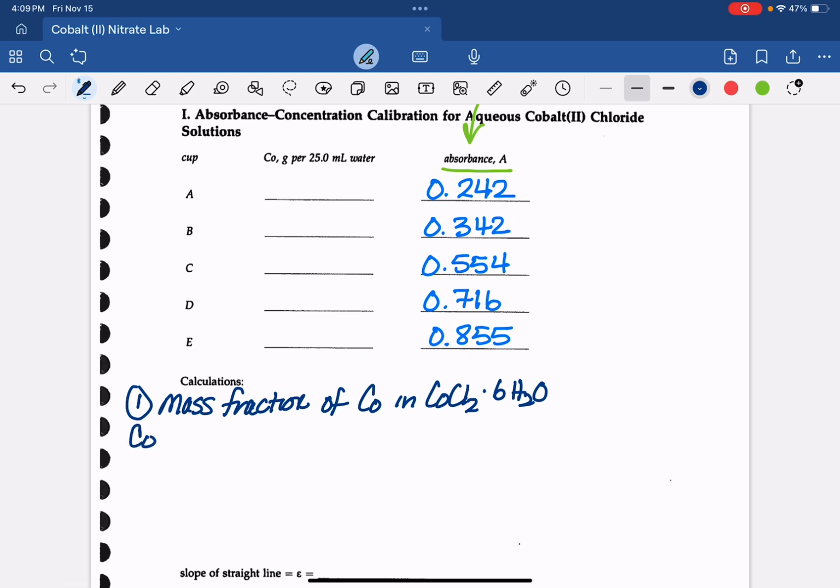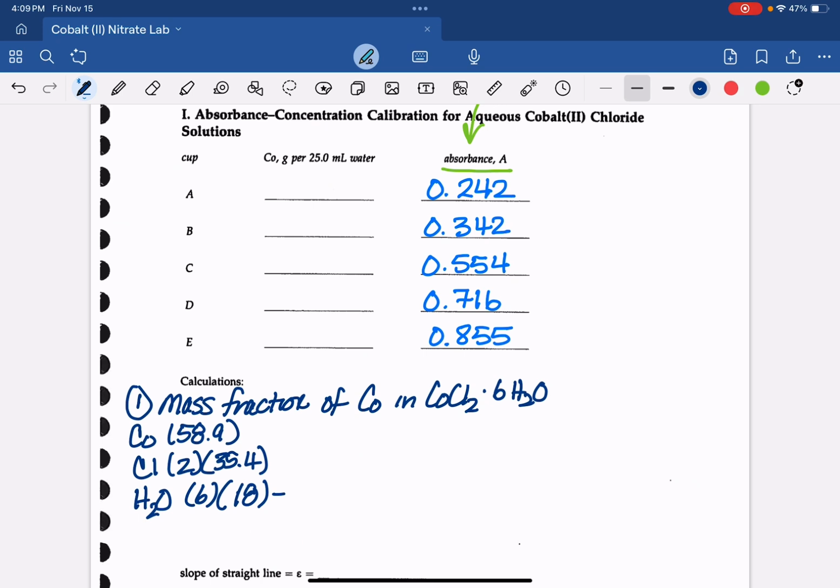Okay, so we have cobalt, which has a mass of 58.9. We have chlorine, and we have 2 of them, each at a mass of 35.4. And we have our water molecule. I'm not going to separate them out individually, but we have 6 water molecules, and water has a mass of 18.